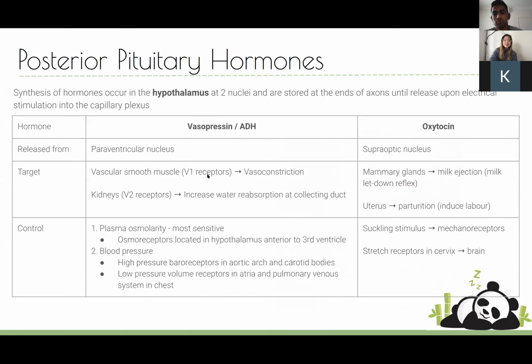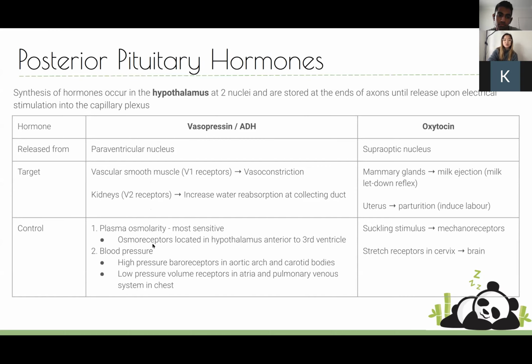What vasopressin does is, as you've seen before in the kidney, it acts via V2 receptors to increase water reabsorption at the collecting duct, so you pee less, hence antidiuretic hormone. With V1 receptors, it acts on your vascular smooth muscles, and you get vasoconstriction.